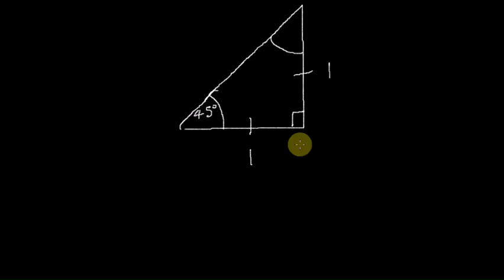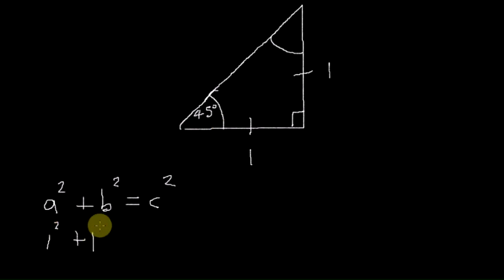Now we can work out the hypotenuse by using Pythagoras. You should know, but if you don't, that Pythagoras worked out that a squared plus b squared equals c squared. In this instance, this will be 1 squared plus 1 squared equals the hypotenuse squared.